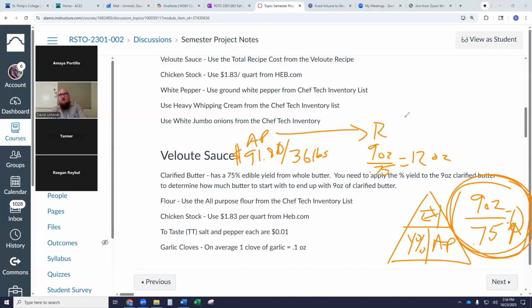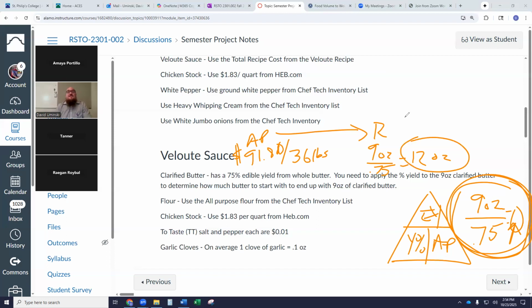Obviously less, because you took away some. Perfect, good. So in this case, if I need 9 ounces of clarified butter, do I have to start with more or less? More than the 9 ounces. There you go. So 12 is not a nonsensical number. It's the actual number of what you need, remember?